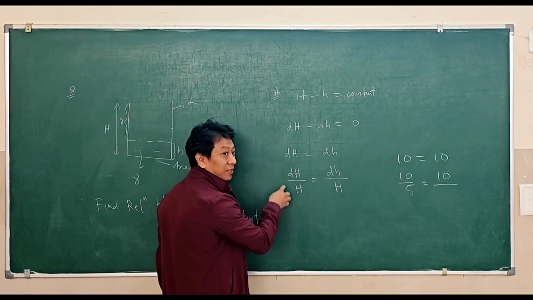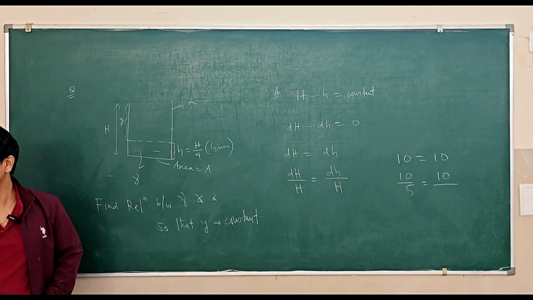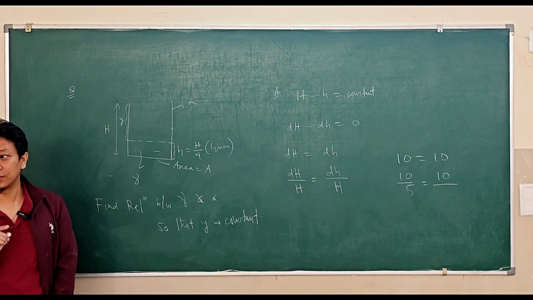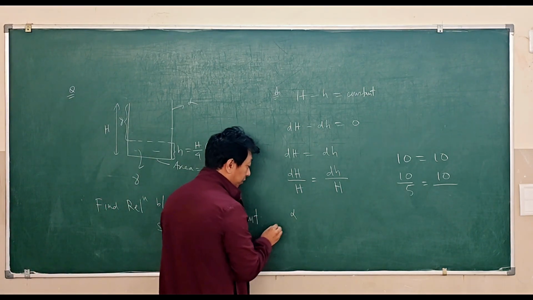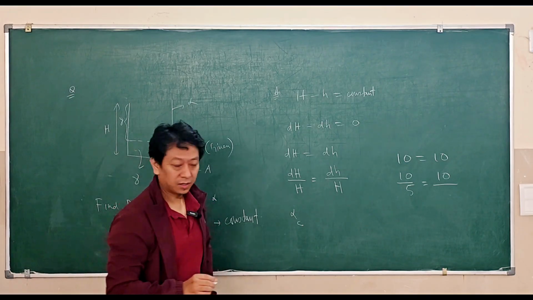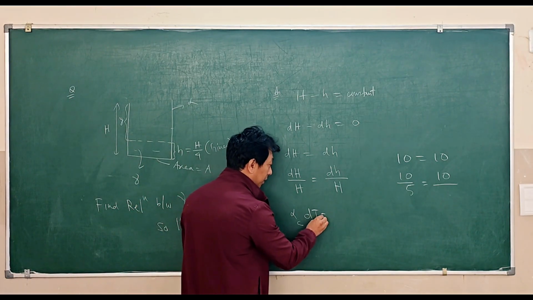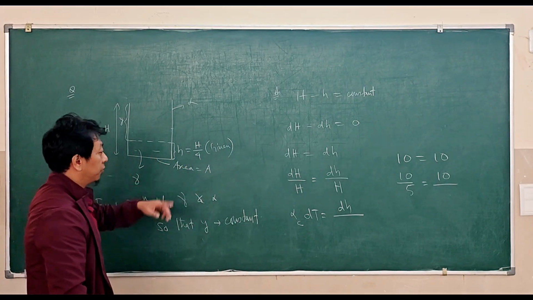Now what is dh by h? Capital H is whose h? Container. So for container, we can write alpha of container. I will write C, students. Later we will put alpha into dt. This is dh by, what is capital H? 4 small h.